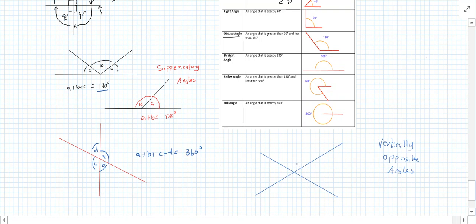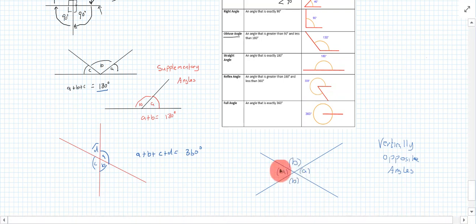Let's say we have the angle A here, and its vertical opposite is going to be this angle here, which will also be the angle A. We have an angle, let's say B here, and its vertically opposite is this angle here, B. So these angles that are vertically opposite are equal to each other.